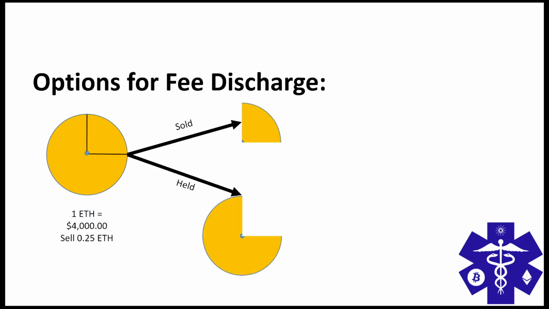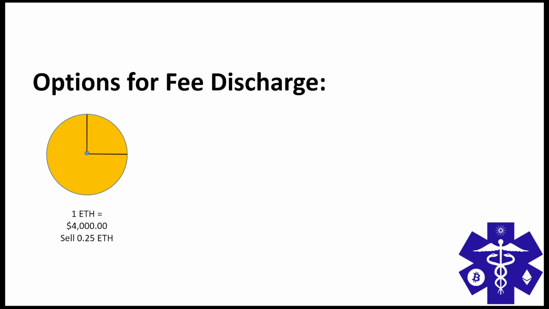The other option is also dividing the fee in the proportion that you sold the ETH. So, the $2 fee is now a quarter of that. So that means that it's 50 cents. And then just calculate the cost basis. And you already know the math by now, hopefully.